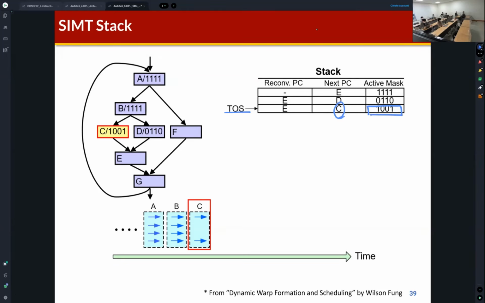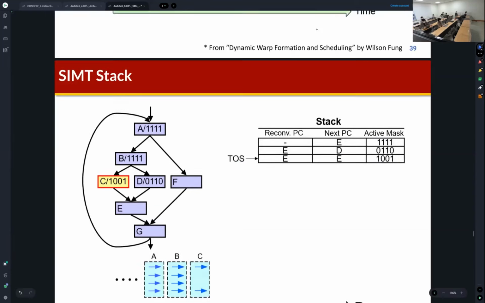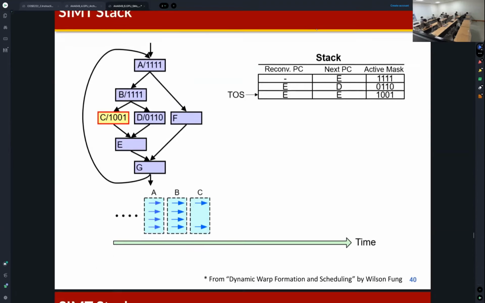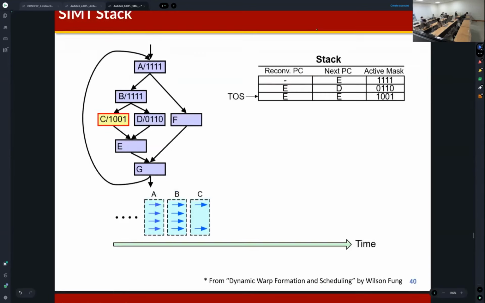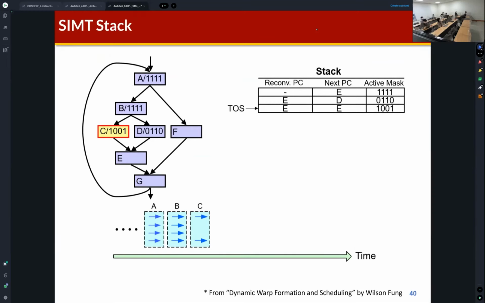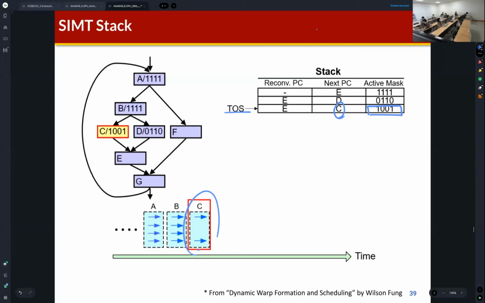So the active mask becomes 1001, and only two threads in this warp are executed. When this instruction is executed, the next PC becomes E. At this entry, the next PC was C, and then C is executed.